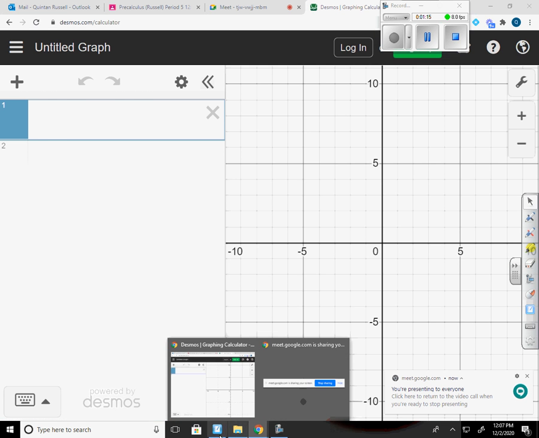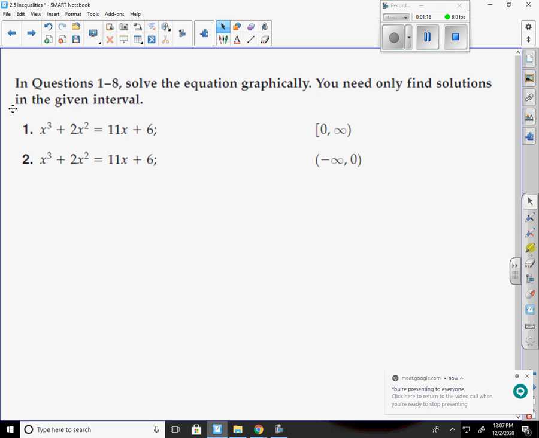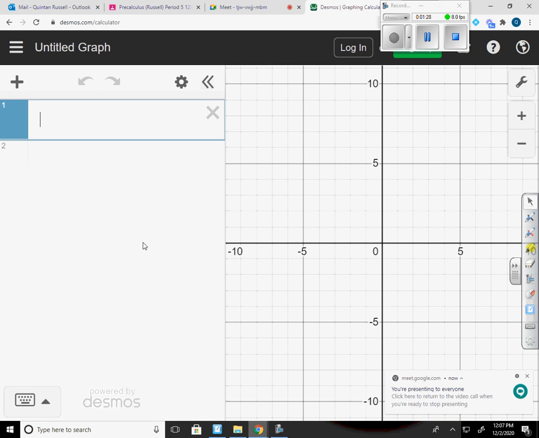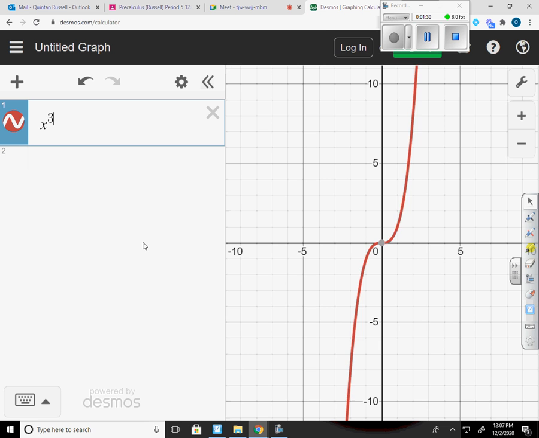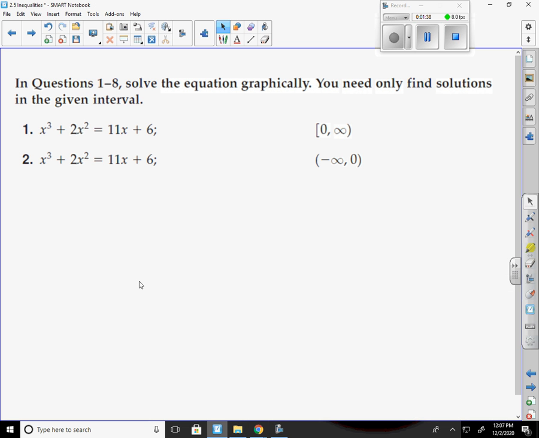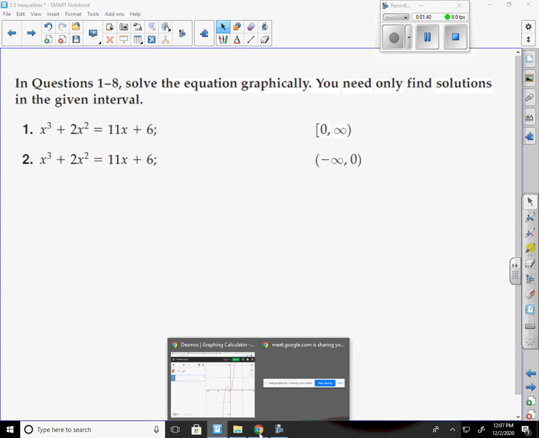The first way is to just enter the equation in as it is, I think. Or we just enter it in the left side and then the right side. So x cubed plus 2x squared. And then you enter the right side of the equation in, 11x plus 6.